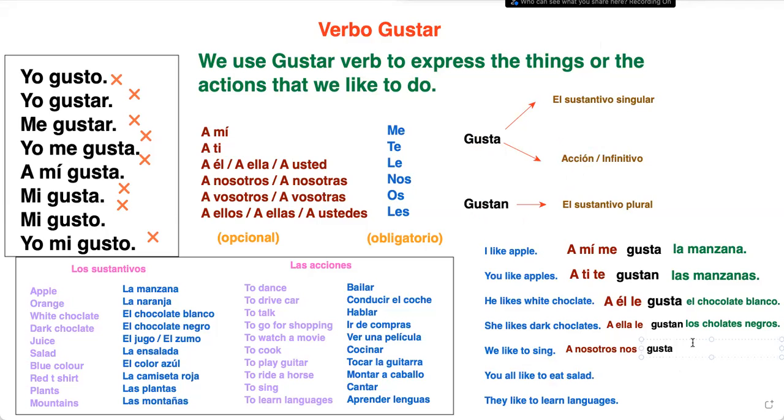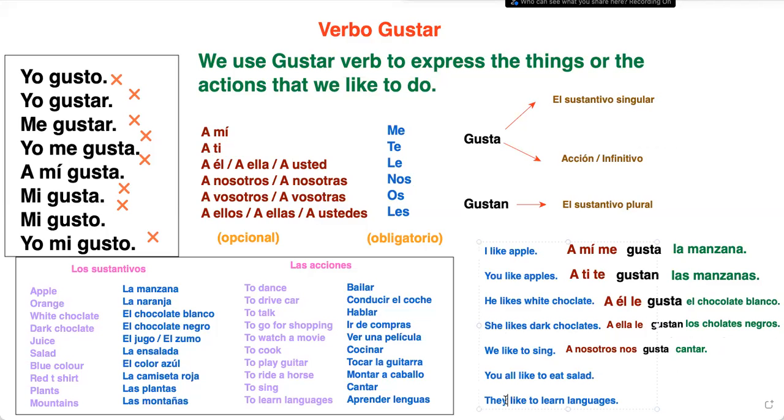A nosotros nos gusta. So what is the action? To sing. Let me check in the vocabulary list. How do we say to sing? That's correct. Cantar. A nosotros nos gusta cantar means we like to sing. Isn't it easy to frame sentences with the gustar verb? Of course.